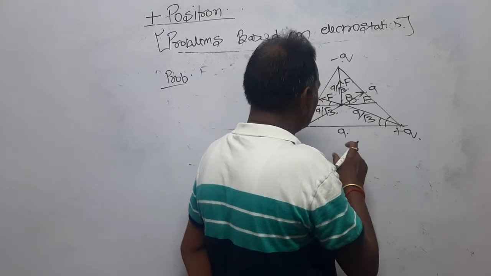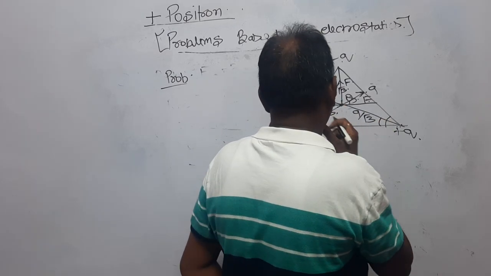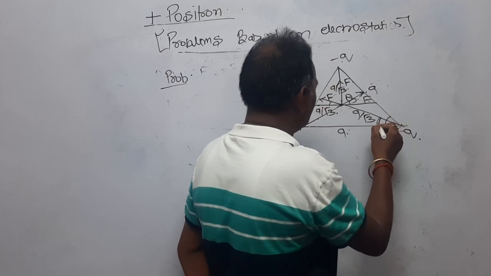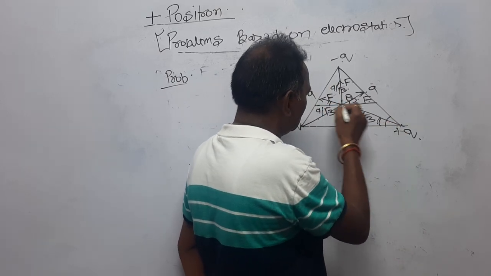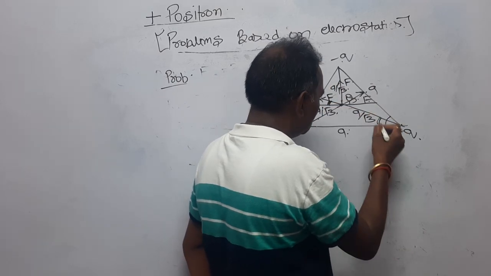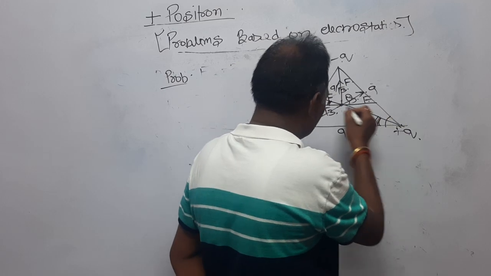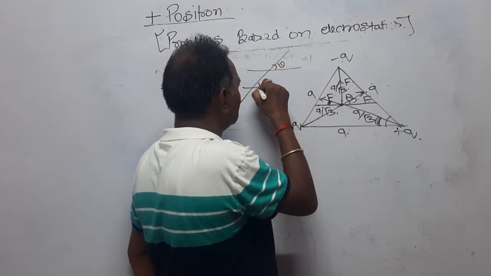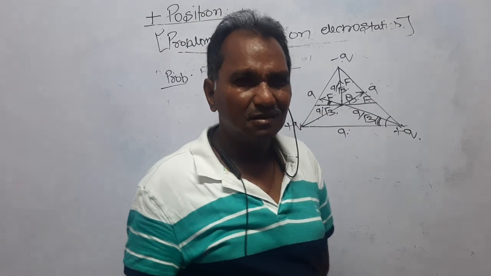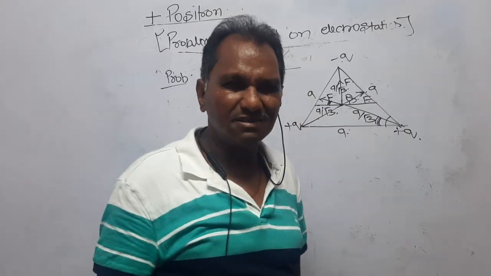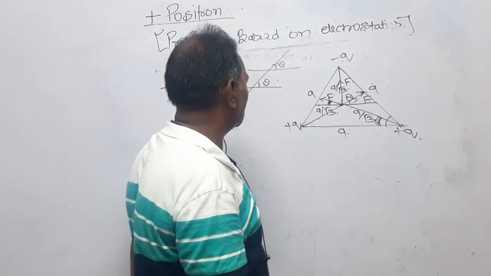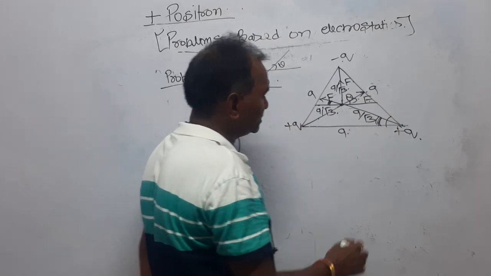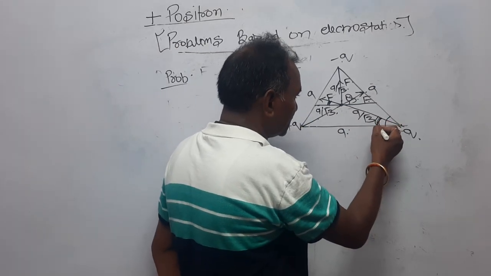If this angle is 30, then this is 30. Look here. If this is theta, then this is theta. I think it's an adjacent angle or whatever it is called. I do not know. If this is theta, this is theta.